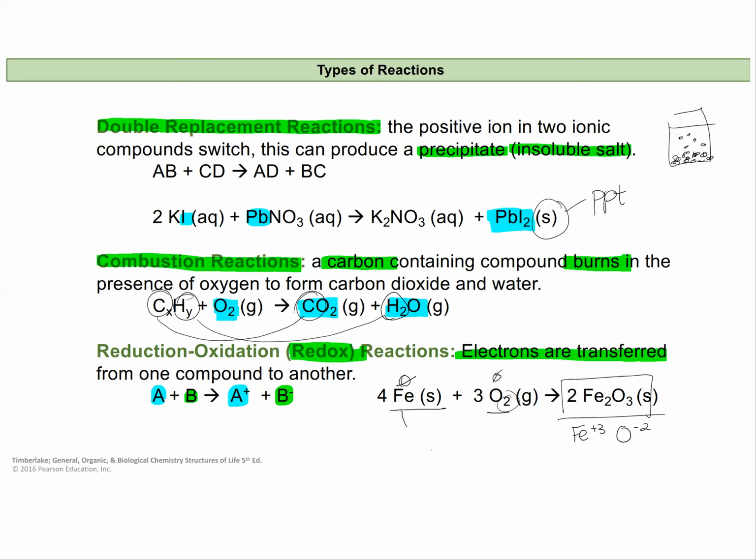And so I can see that my iron 0 becomes an iron +3, and that's the change in charge that I'm looking for. And my oxygen 0 becomes an oxygen -2. So that's another change that I'm looking at. So we have a change in the charge of our reactants to products.